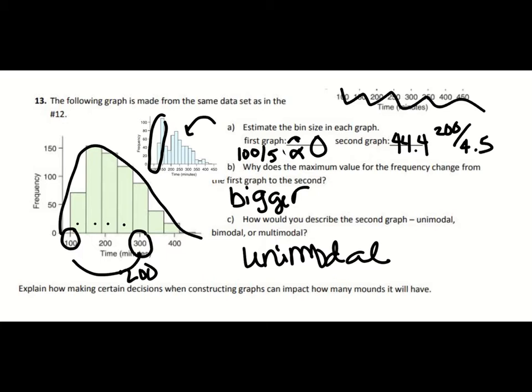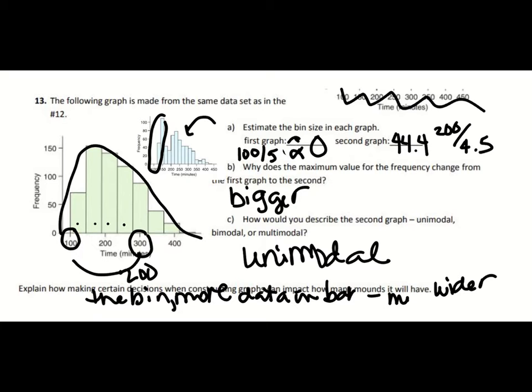Explain how making certain decisions when constructing graphs can have an impact on how many mounds it will have. The wider you make your bars, the smoother it's going to be, because the wider the bin, the more data in your bar, the more likely.